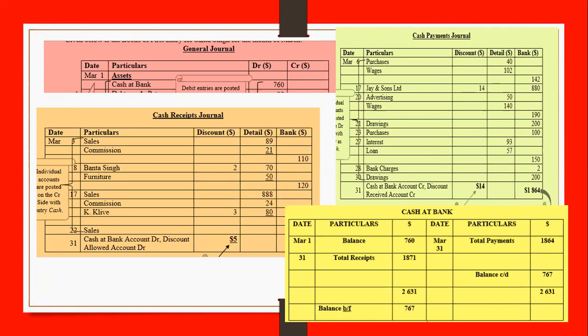Yes? 767. Thank you. That is our balance. That is how I got my 767: total of 2631 minus total of 1864. Is there any question?